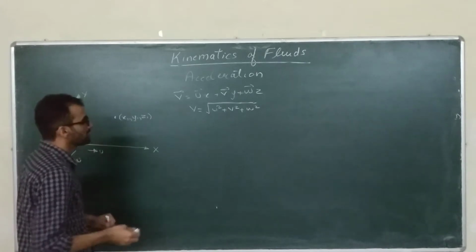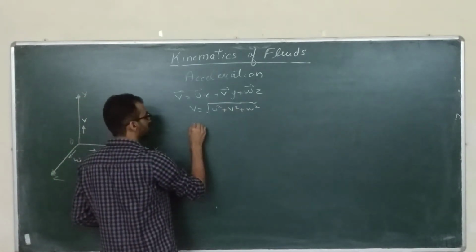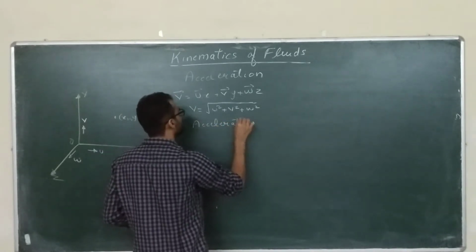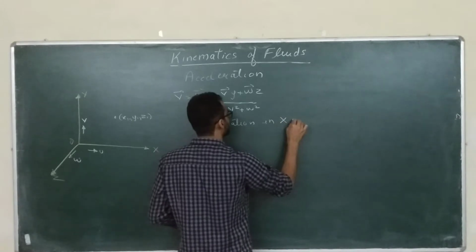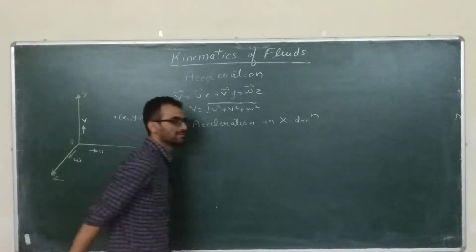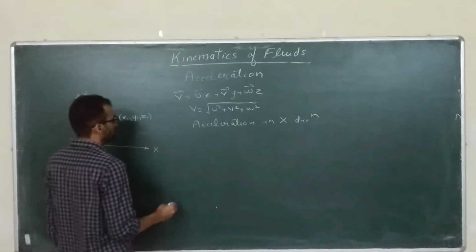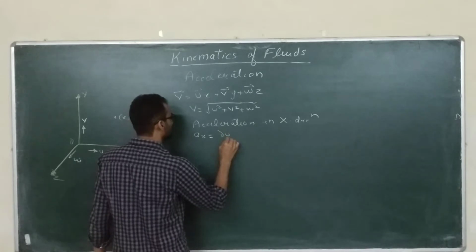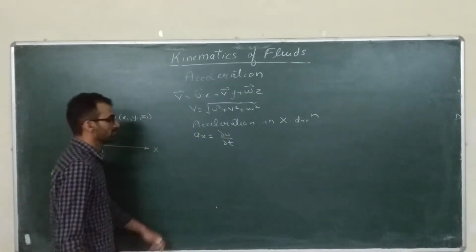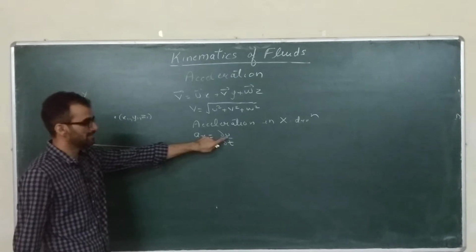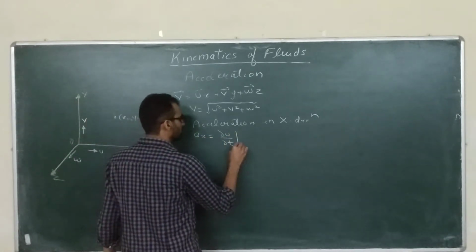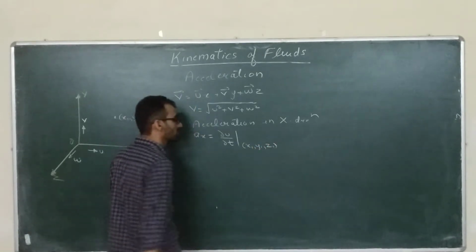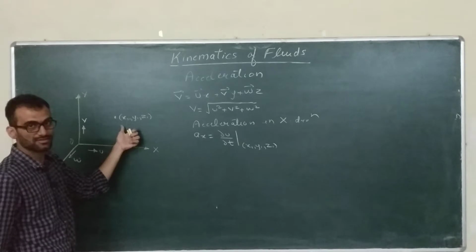So let us say we want to find the acceleration in the x direction. What we would generally do is take the rate of change of velocity in the x direction with respect to time at x1, y1 and z1, at this fixed point, because we are measuring the velocities at a fixed point in Eulerian measurements.